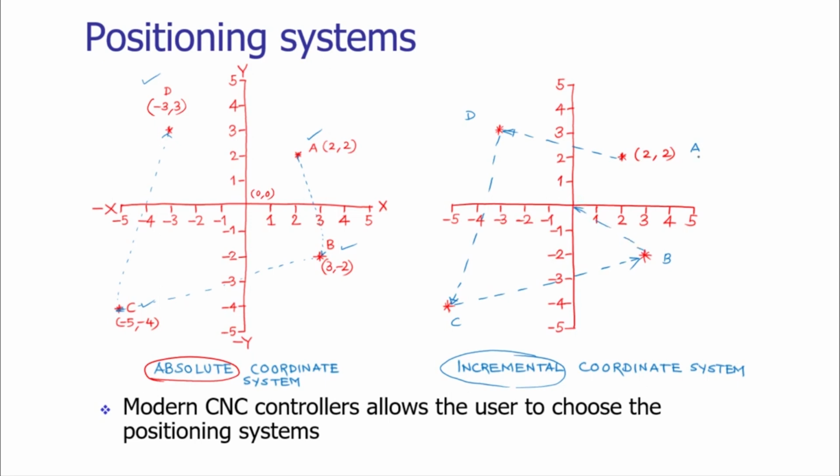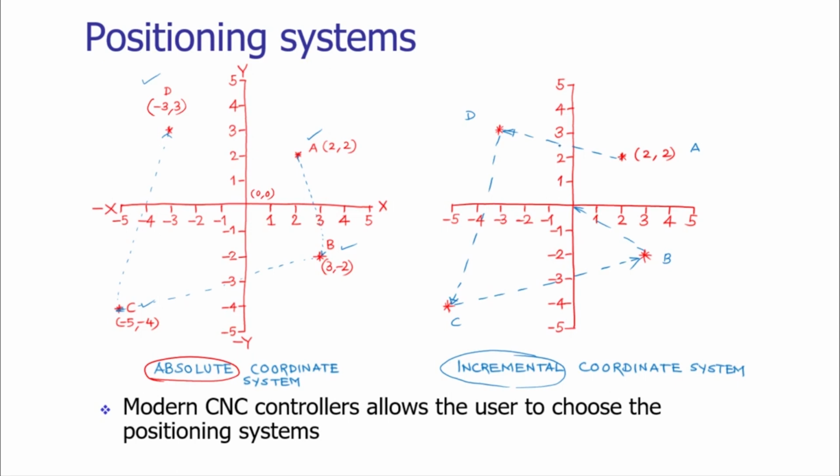So in this case, from point A, to find the location of point D, we need to see how many units point D is away from point A in the X direction, and how many units it is away from point A along the Y direction.